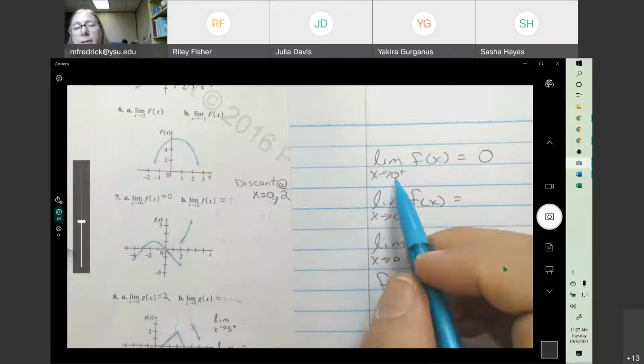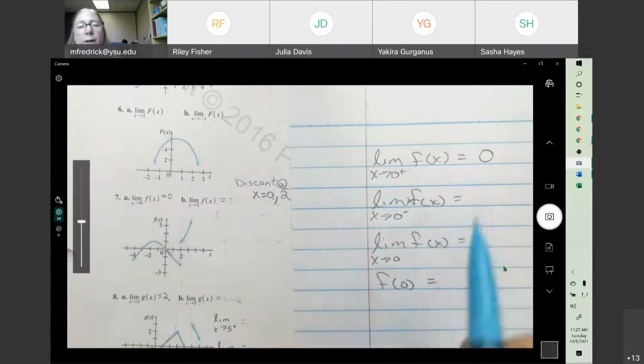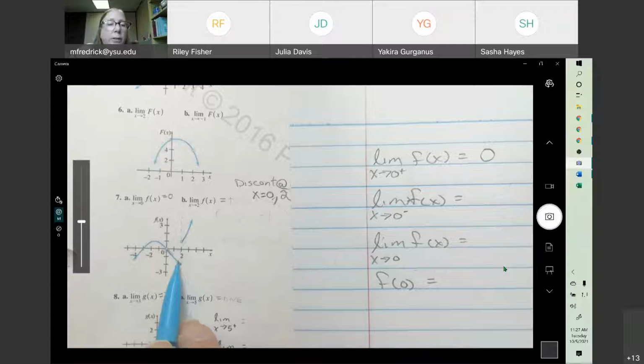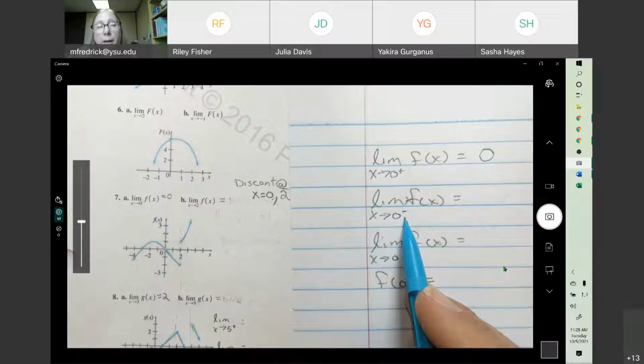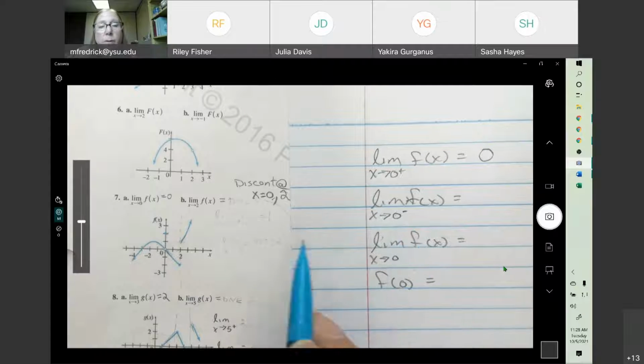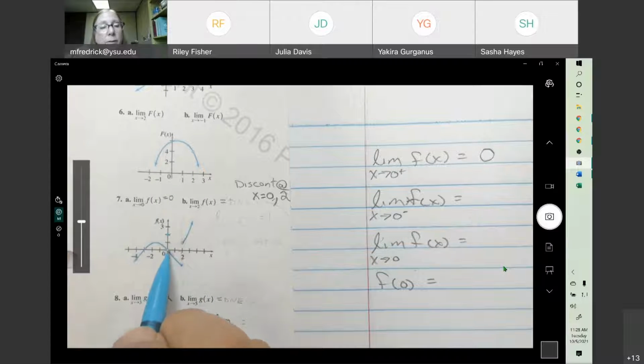As x is getting close to 0, so is y, because it's getting close to the origin. The other one is saying from the left, a little bit smaller. So as I'm getting close to 0, if I go on the left side of the line, I'm over here, but I'm still getting close to the origin where the y value is 0.